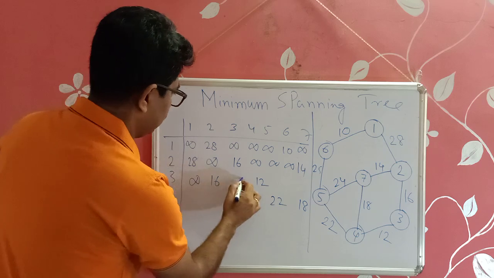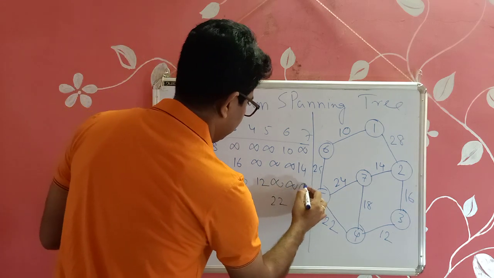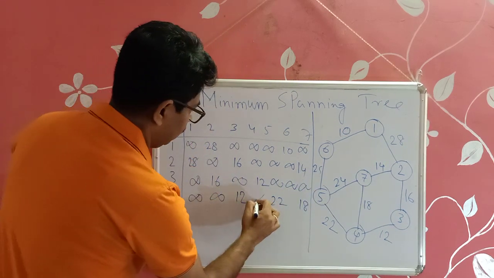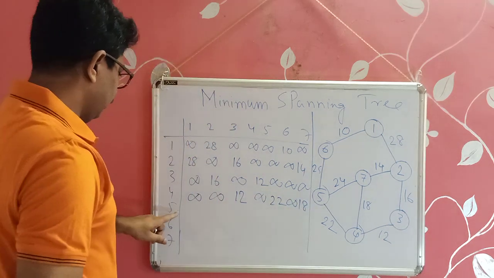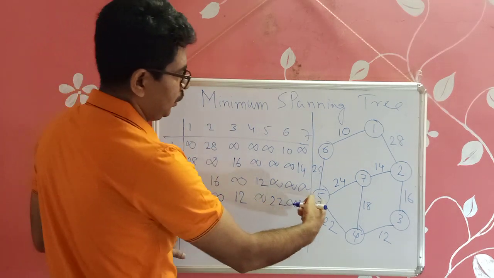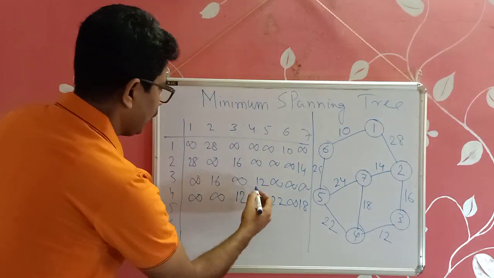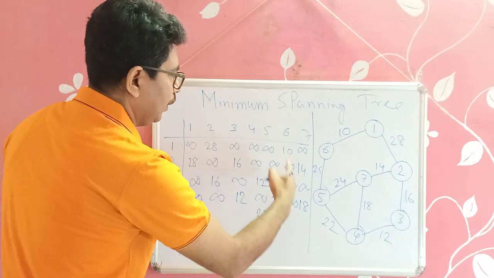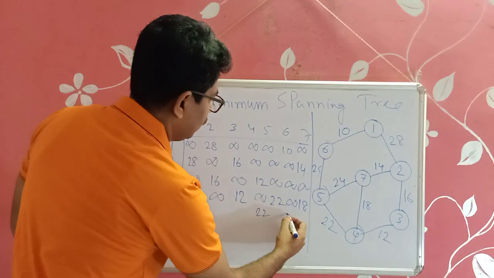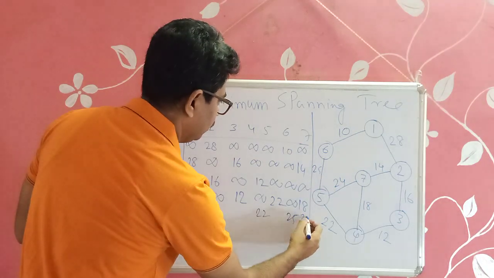The rest are infinity. Okay. Then from 5 there are 3 edges, 5 to 4, 5 to 6 and 5 to 7. 5 to 4 is 22, 5 to 6 is 25, 5 to 7 is 24.